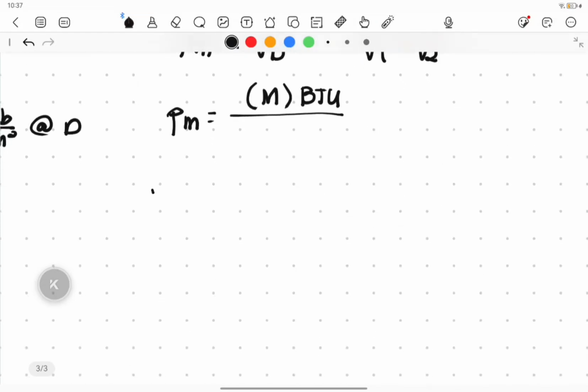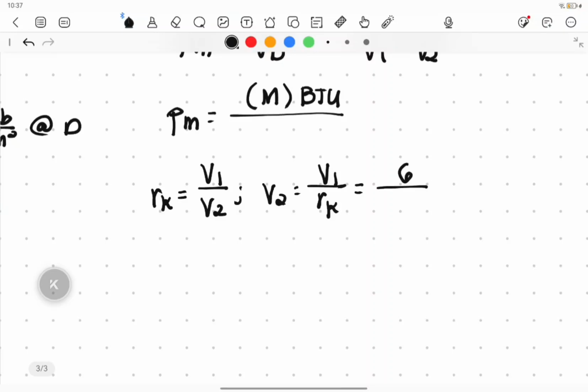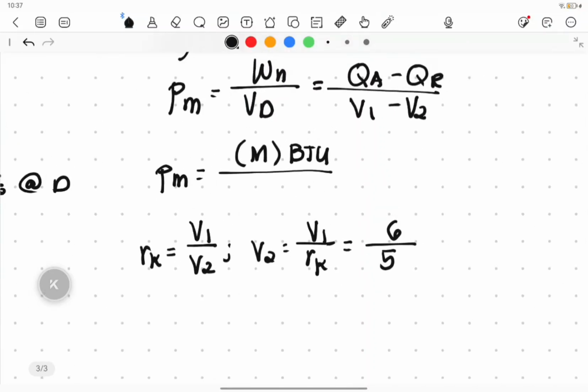So again, we have a formula for rk, that is V1 over V2, and then we get V2 as V1 over rk, and our V1 is, I think, 6, and our rk is 5, and we can just use this 6 over 5, and then finally we have 6 minus 6 over 5, and this is in feet cube.